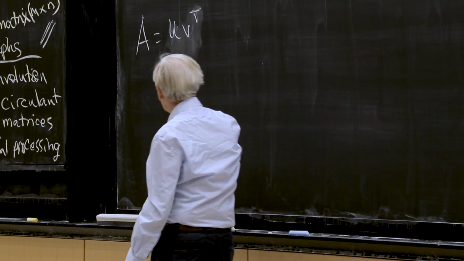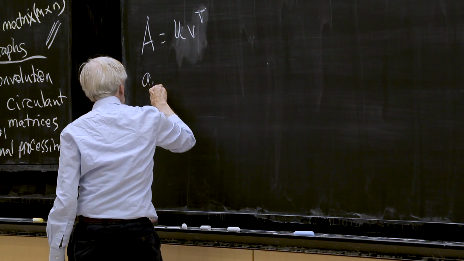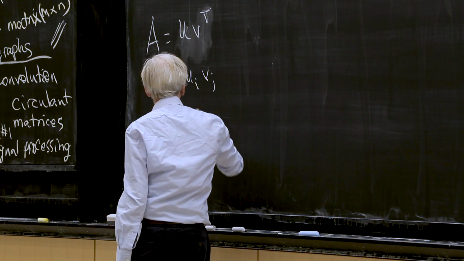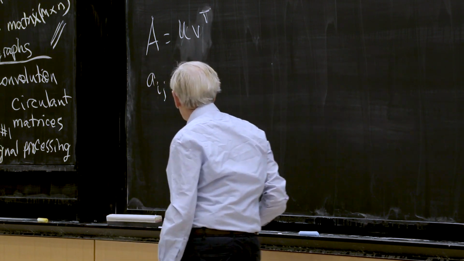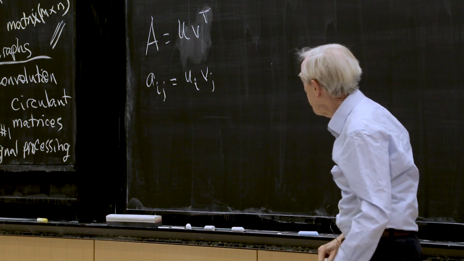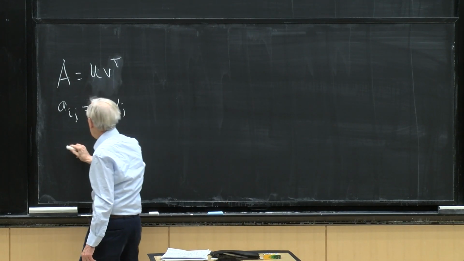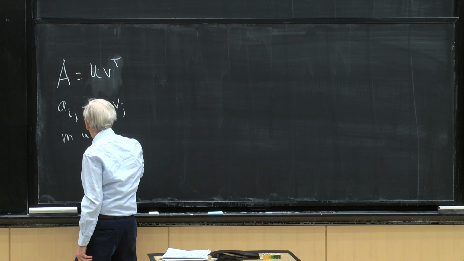And that means, of course, that each A_ij is U_i times V_j. So we're able to choose M U's and N V's.